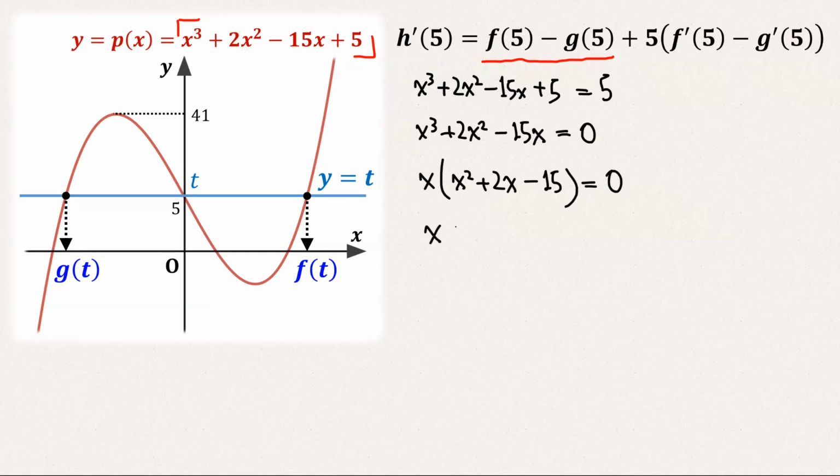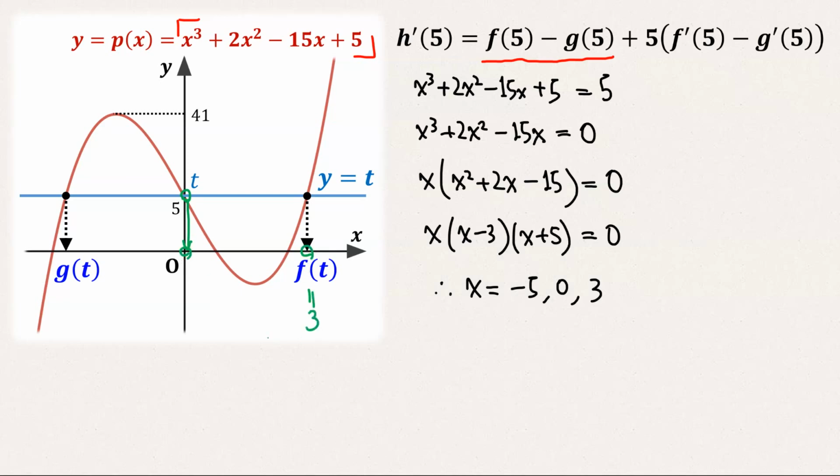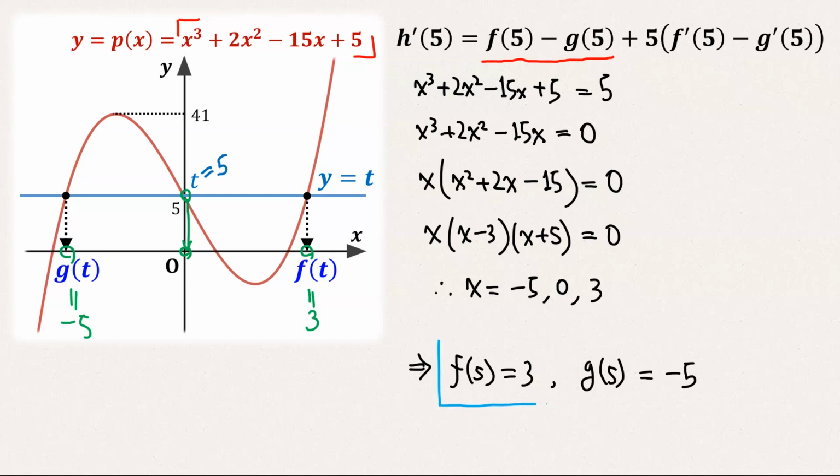And if we further factorize, we have (x minus 3)(x plus 5) equals 0. So we have x equals minus 5, 0, and 3. Here, x equals 0 corresponds to this point. So this coordinate must be 3, and this coordinate must be minus 5 when t equals 5. This means that f(5) equals 3 and g(5) equals minus 5.